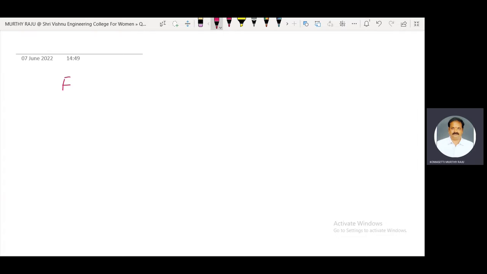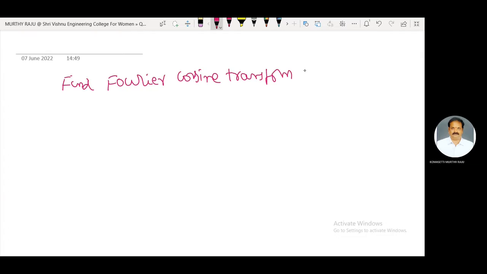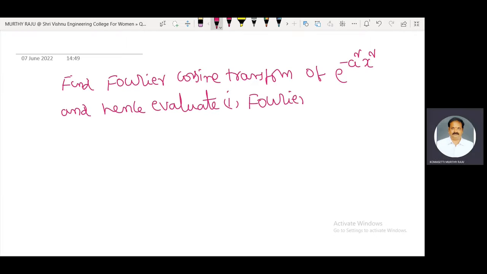The problem statement is: find the Fourier cosine transform of e power minus a square x square, and hence evaluate the Fourier sine transform of x into e power minus a square x square.